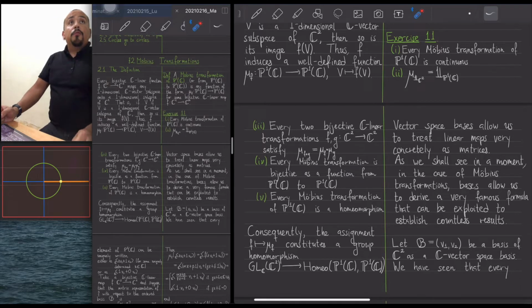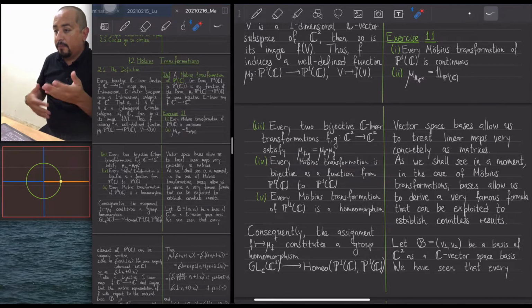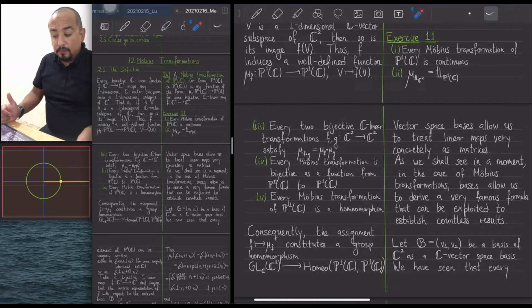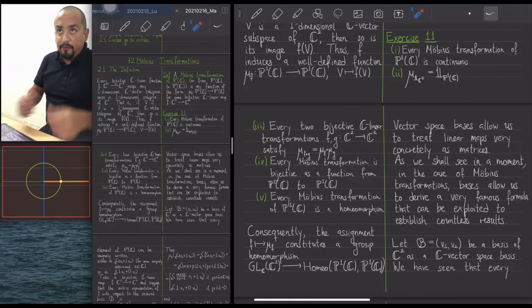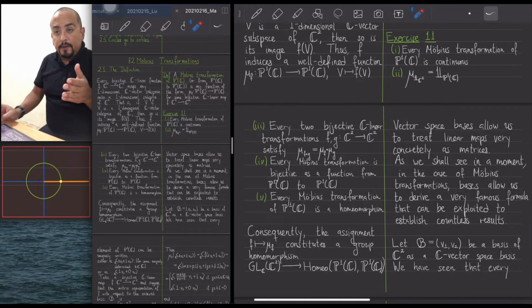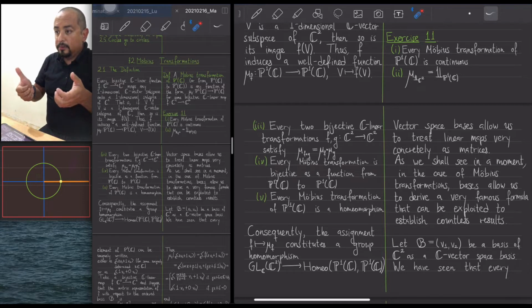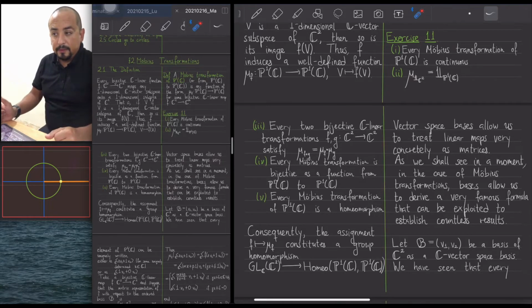Well, we have defined Möbius transformations as shadows of C-linear maps, and we know that when we fix a basis of a vector space, then we can get our hands on linear transformations by representing them via matrices using the given basis, right?